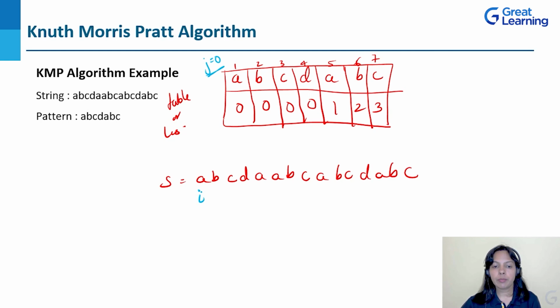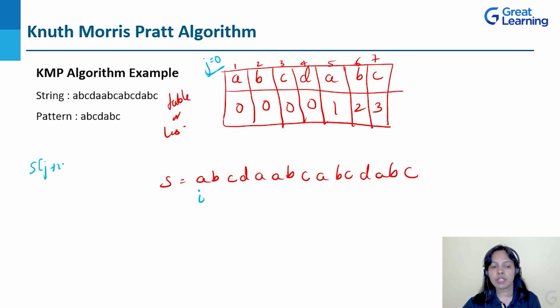Now, what you have to do is compare the element being pointed at the ith location and the J plus 1th location, because J equals 0 and at the 0th index there is nothing. So we have to compare with the first character of the pattern. So the J plus 1th element of the pattern will be compared with the ith element of the string.